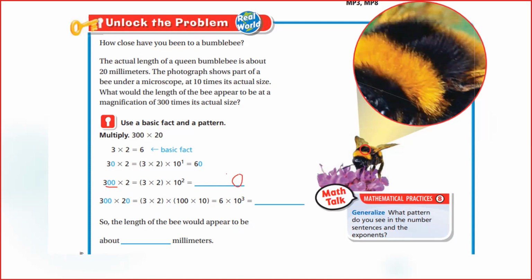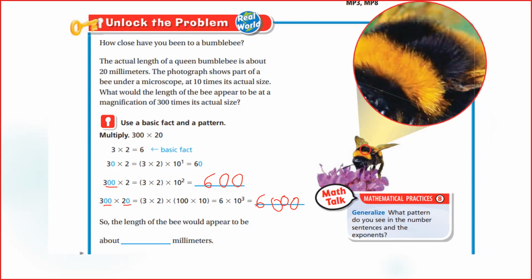I will write down 2 zeros. Then I will multiply 2 times 3, 6. It's 600. Now look at the second one. 3 zeros. Bravo. So you will write 3 zeros, and then 3 times 2 will be 6. So the answer is 6,000.